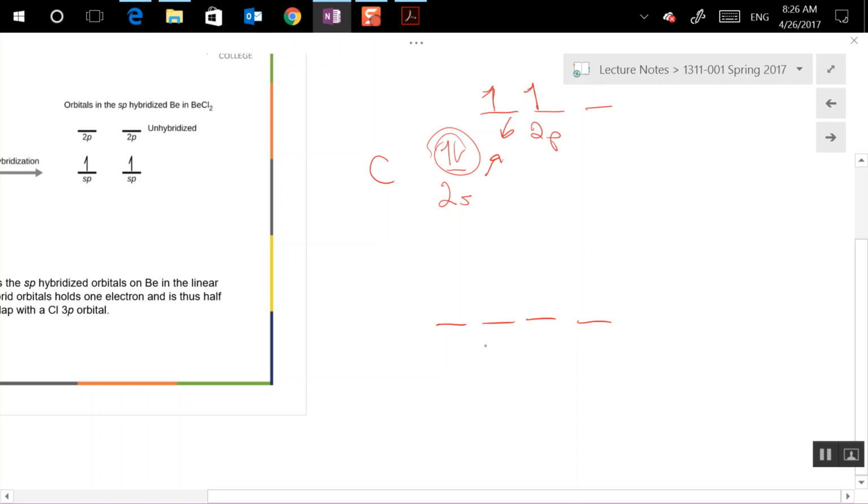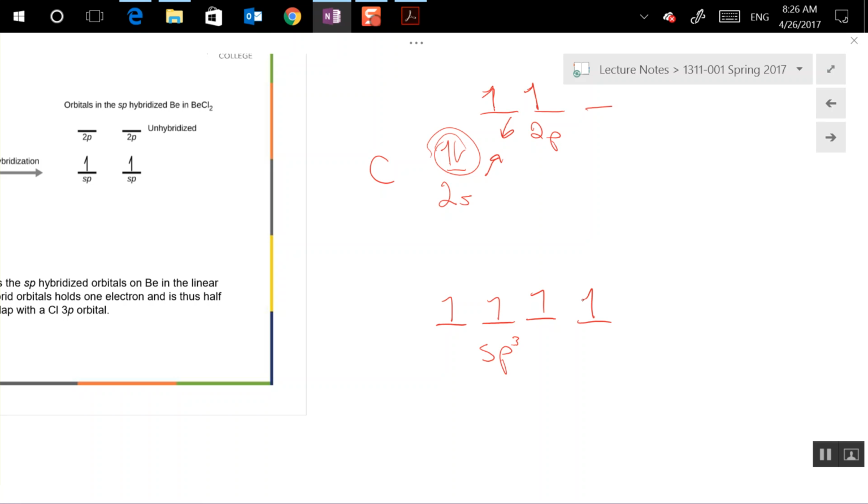So this is the sp3, 1 s, 3 p's hybridized into the same sub-energy level, which allows for 1, 2, 3, 4 unpaired electrons. And that's how they'll fill.